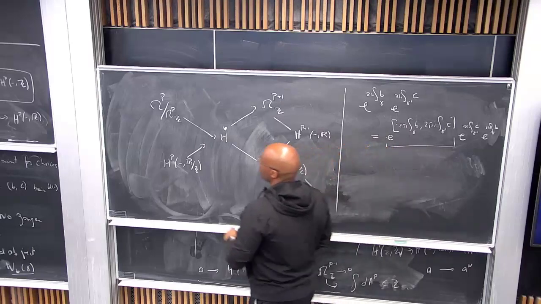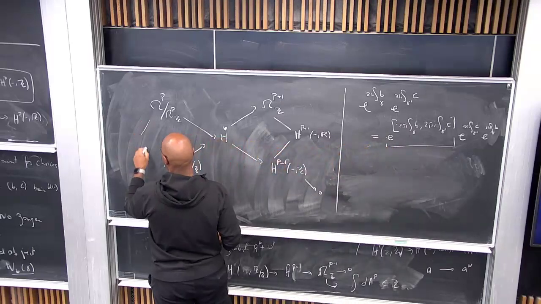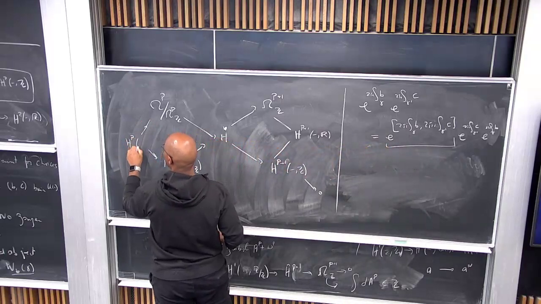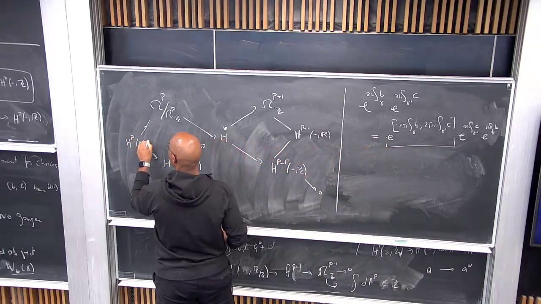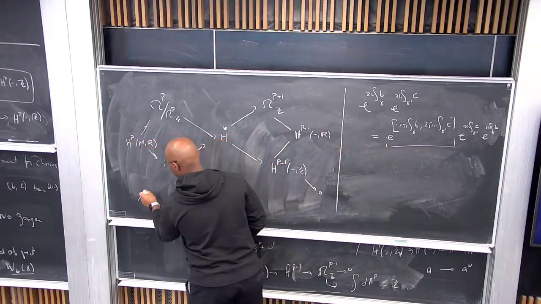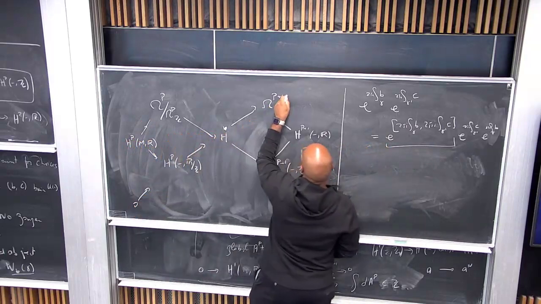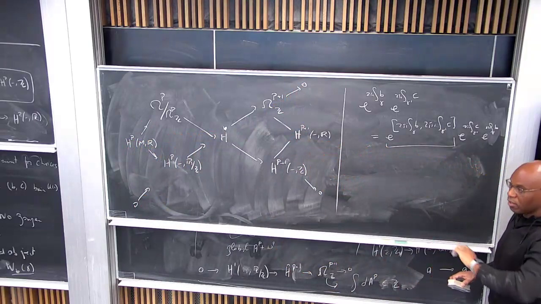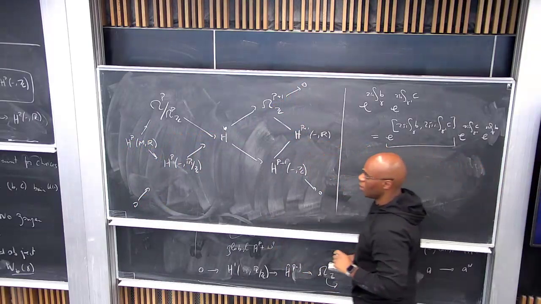There's also a map that comes here, which is H^p in R. So this diagram summarizes for us the set of gauge invariant field configurations. I'll get to that.